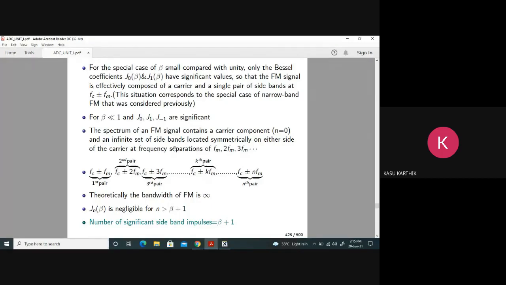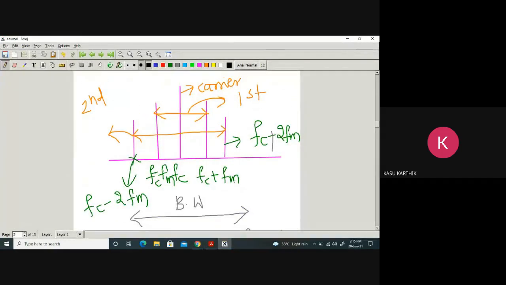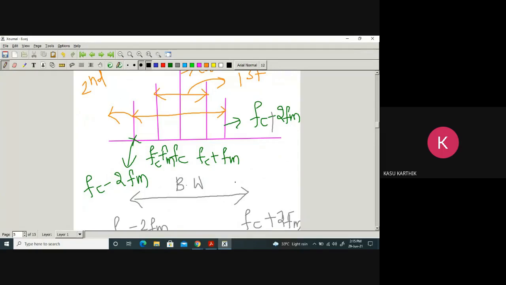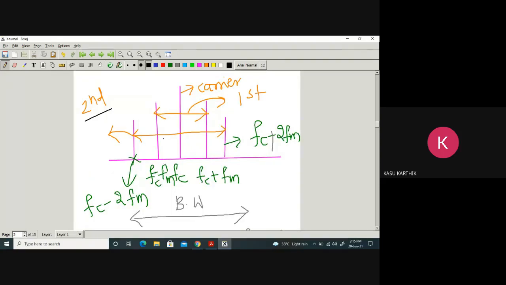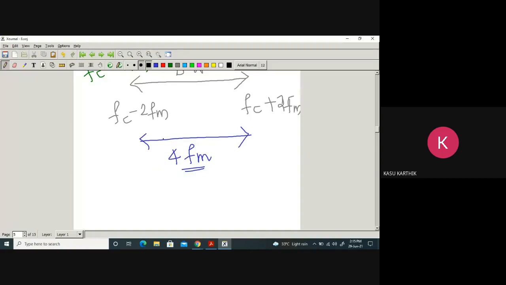Okay, so how is it possible? Just now I explained with a diagram. I am transmitting two pairs. First pair, second pair. What bandwidth am I getting? 4 FM. So obviously, it is 2 into the number of sidebands into FM.